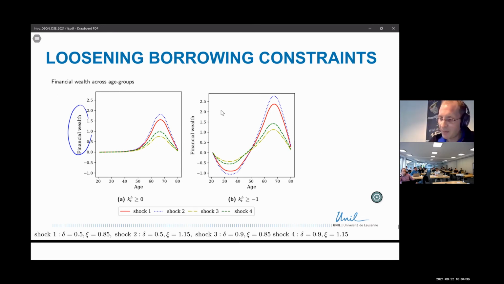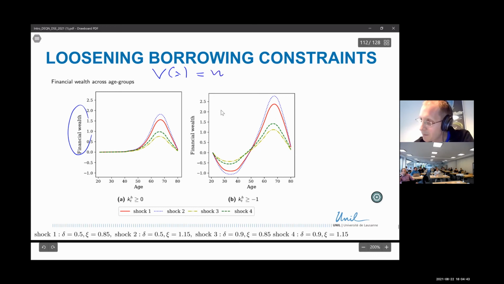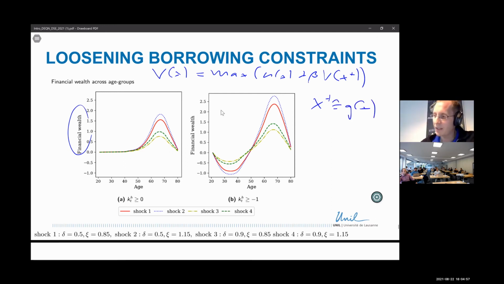Let me be a bit more explicit. This is the typical Bellman operator: max U plus beta. So typically, when you solve a dynamic program, each of these equations is very expensive to generate.